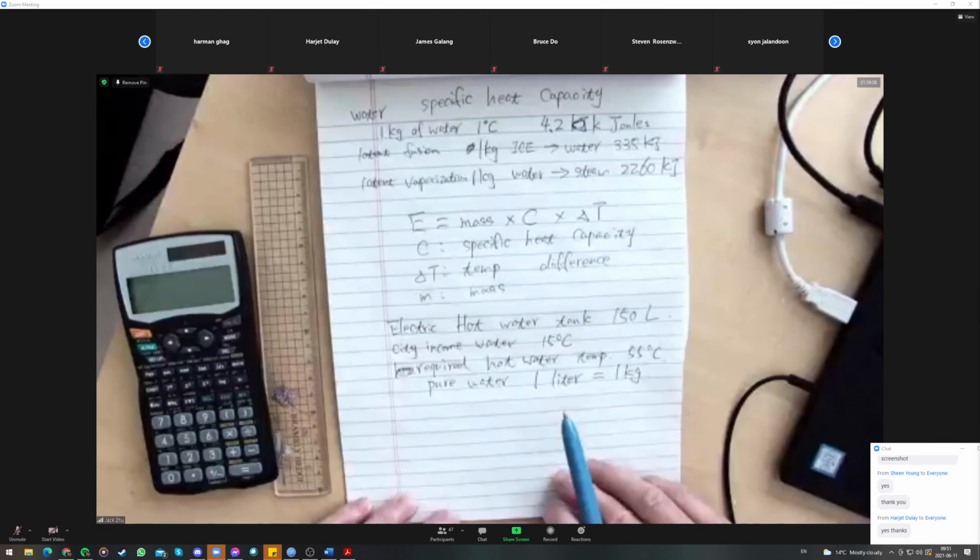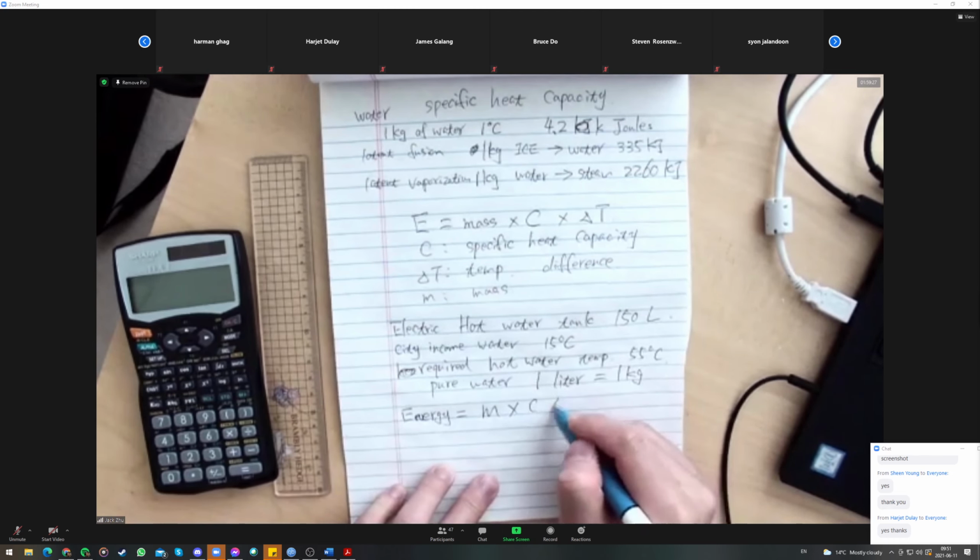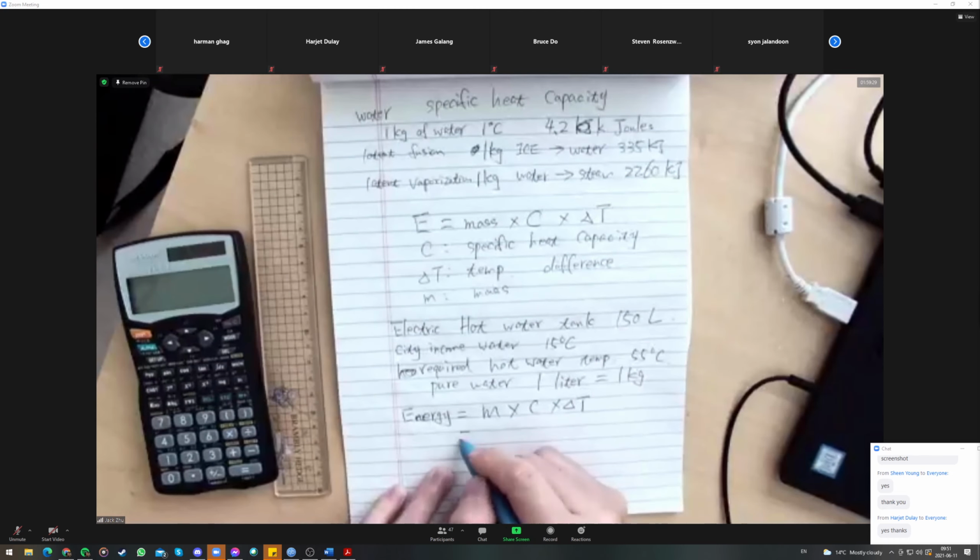So to heat that much water to 55 degrees, the energy required will be the formula M times C times delta T. 150 liters equals 150 kilograms.